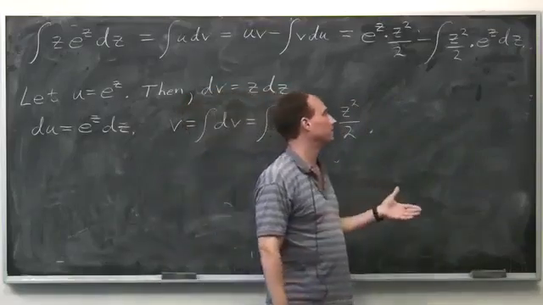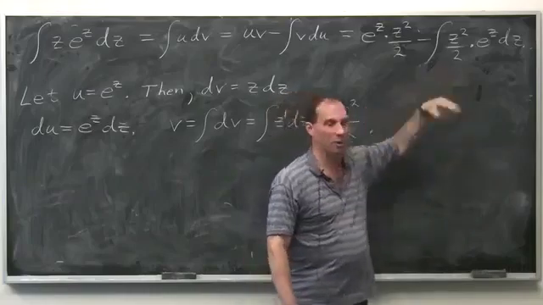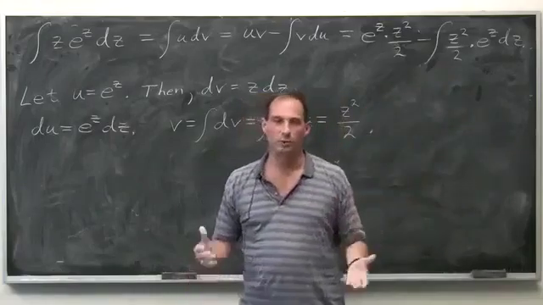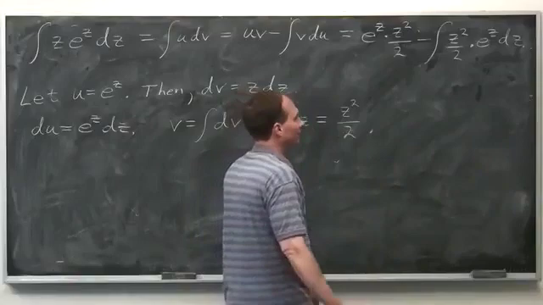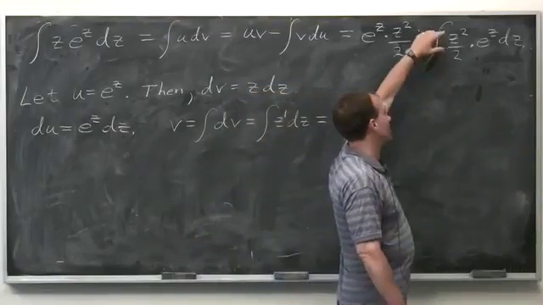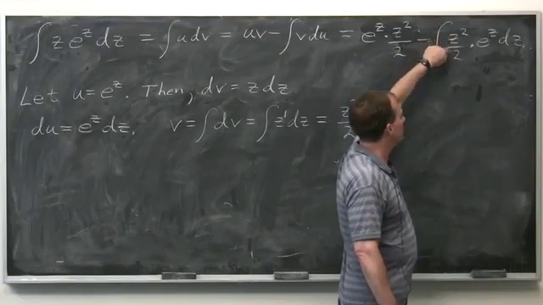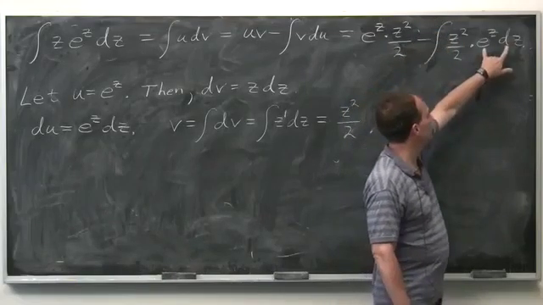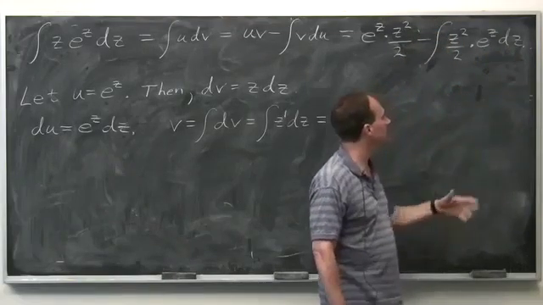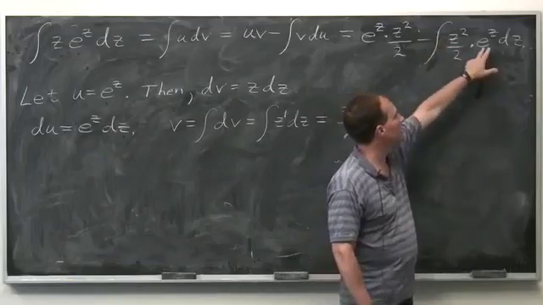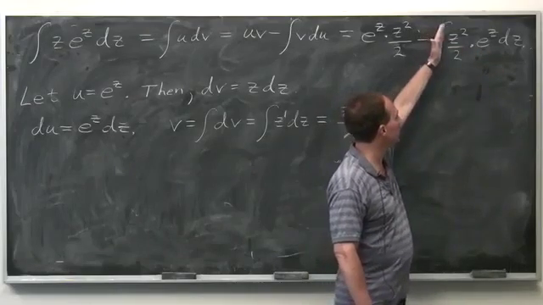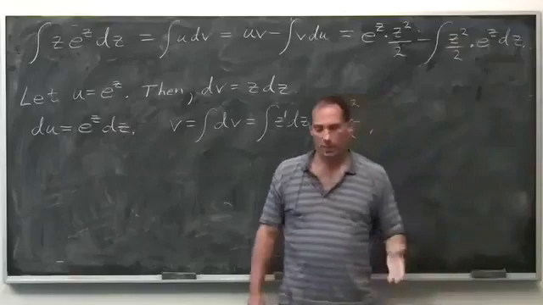This is not good. You could try integrating this by parts again, and only one of two things would happen. You could either let u be the z squared over 2 part, which would mean dv is e to the z dz, or you could let u be e to the z and dv be z squared over 2 dz.